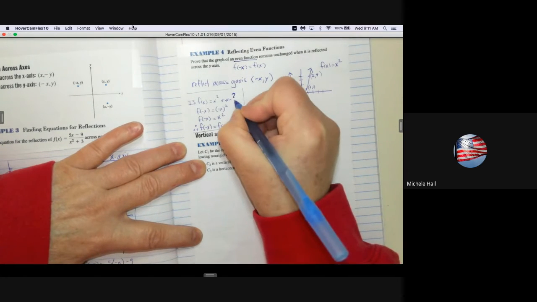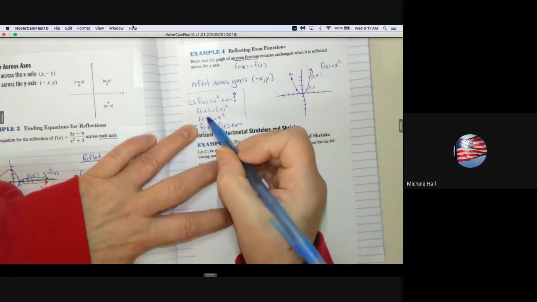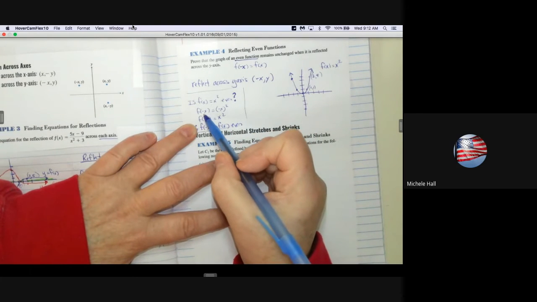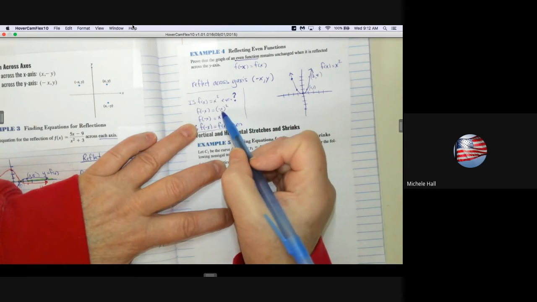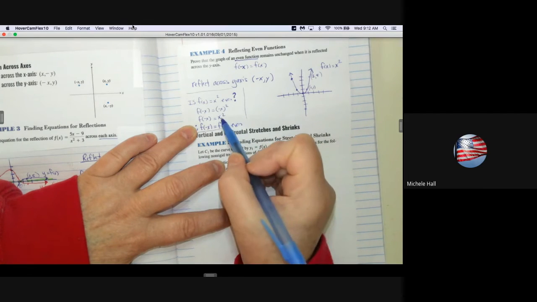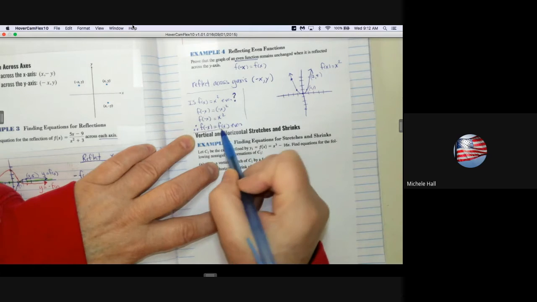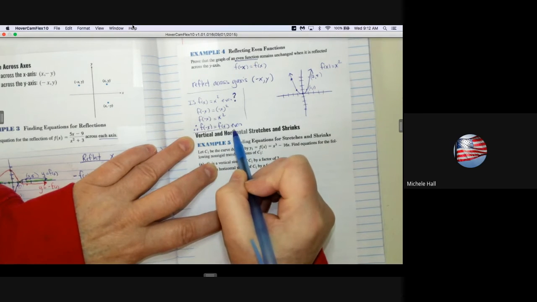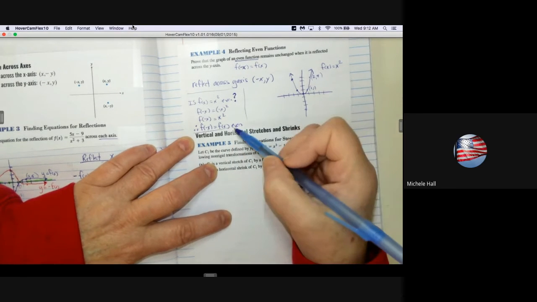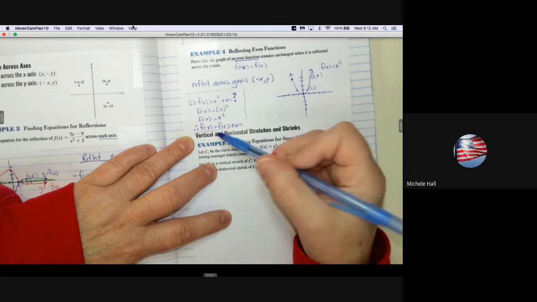If it is, then I will be using it in my example. We know that we have to substitute in negative x for the x values, and we simplify. Negative x times negative x is x squared. I got back what I started with. I see here that when I substitute in f of negative x, I get back f of x, which means it's even. I'm going to use the function x squared, because I know it's an even function.